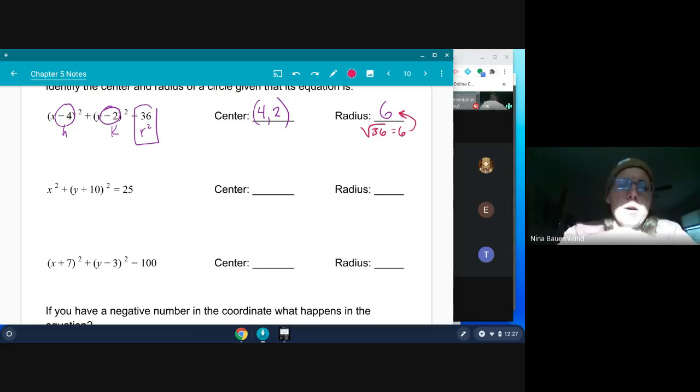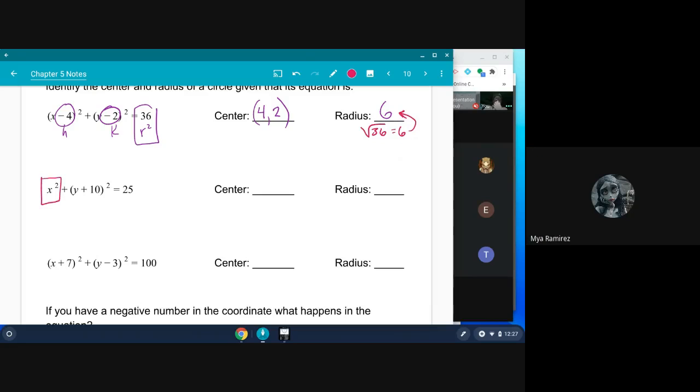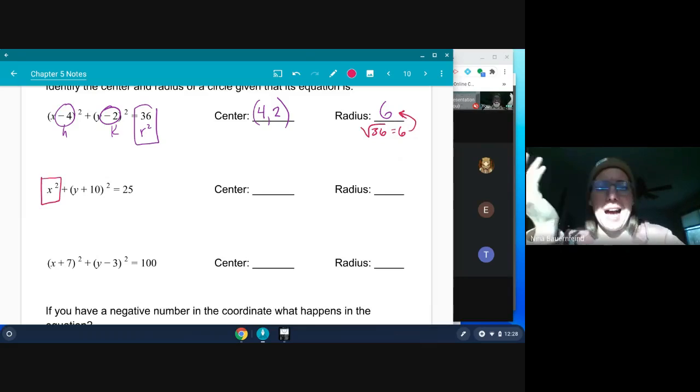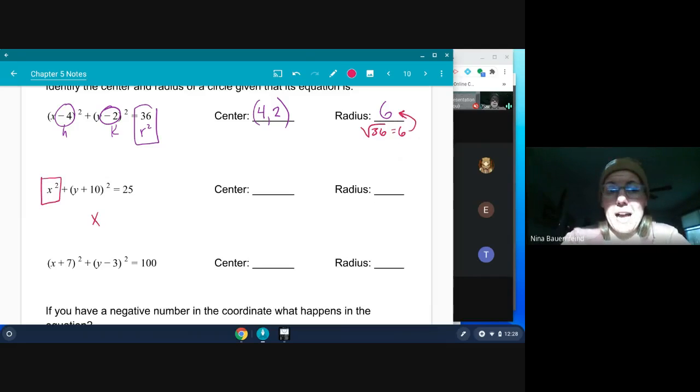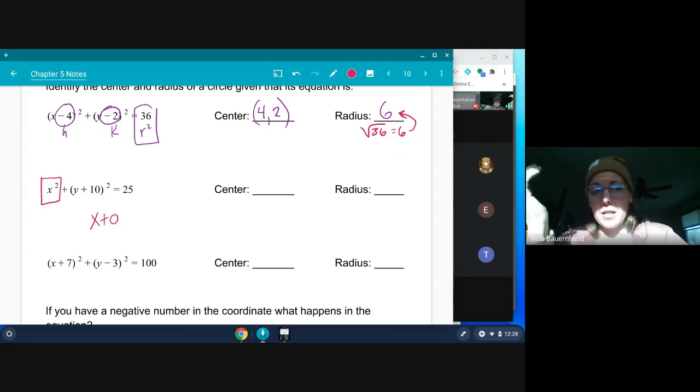So, here, what's weird here? What's the weird part there? That looks different. There's no official number for it. So we haven't added or subtracted anything. And in this case, we could add or subtract 0, and it's still going to be x.